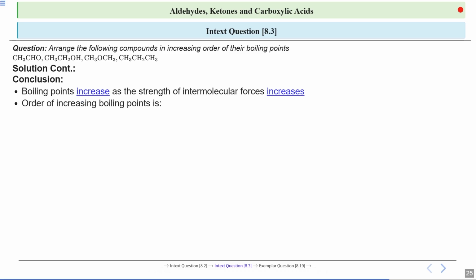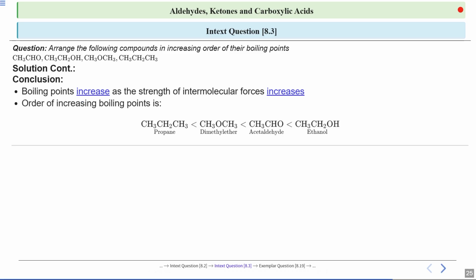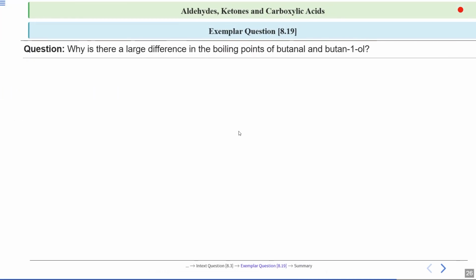In the order of increasing boiling point, ethanol has the strongest hydrogen bonds, which give it the highest boiling point, whereas propane is the weakest, with only weak van der Waals forces. So we discussed each molecule one by one and saw the factors that affect their boiling points.